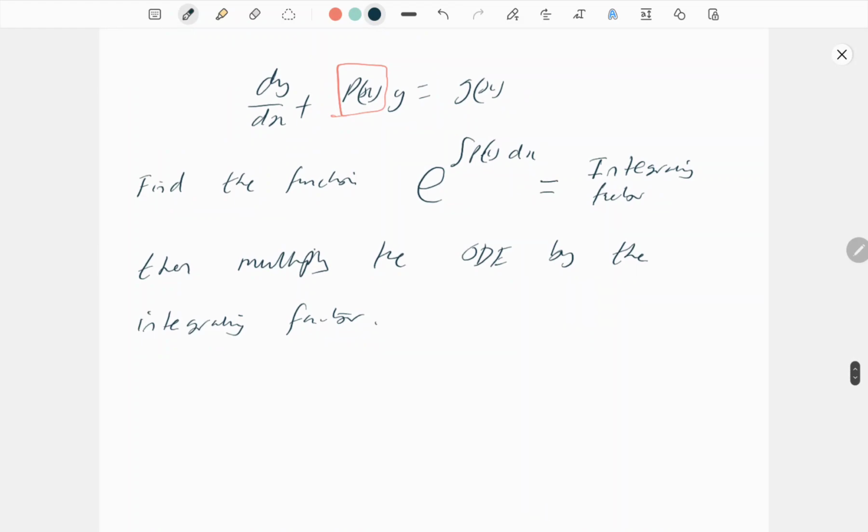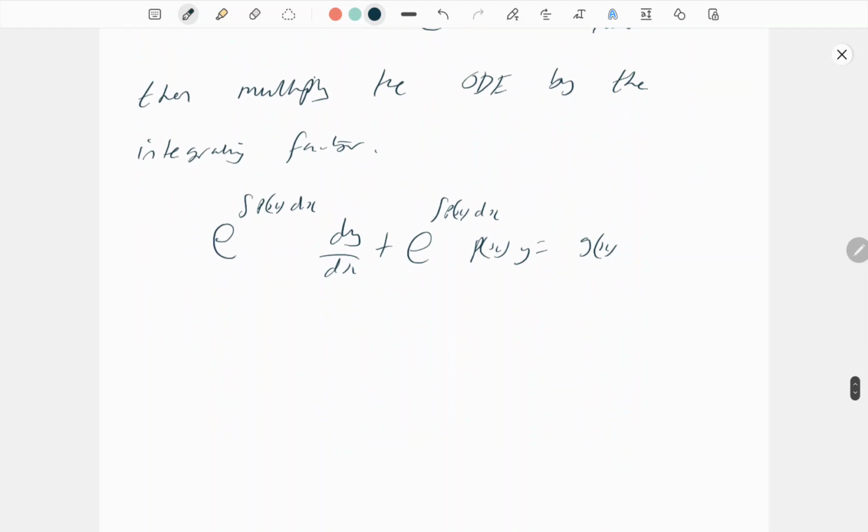So if you do that in this case, let's see what happens in this general case. So what we would get is e to the integral of p x dx dy by dx plus e to the integral of p x dx times p x y equals g x.